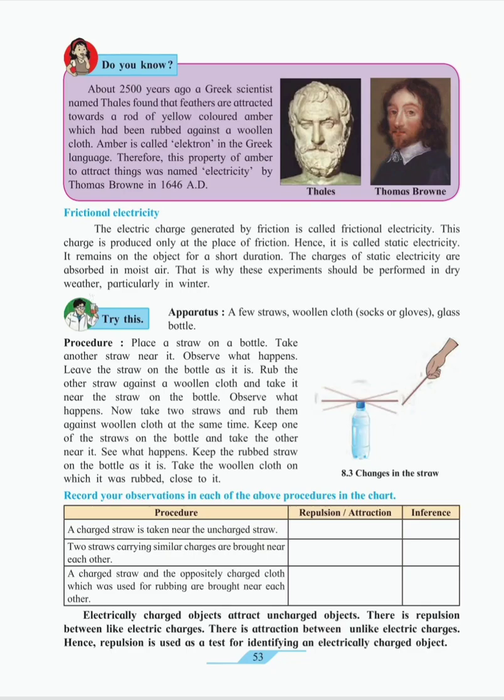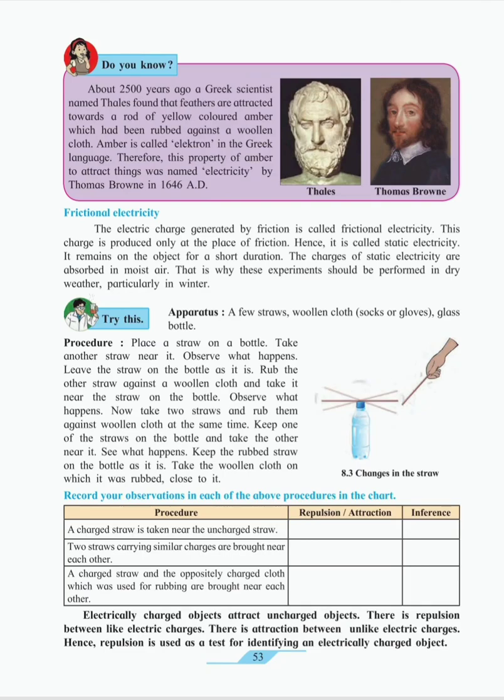Why? Because as many negative charges as one straw is giving away to become a charged substance, as both the straws are made of the same material, that is plastic, both will be charged.